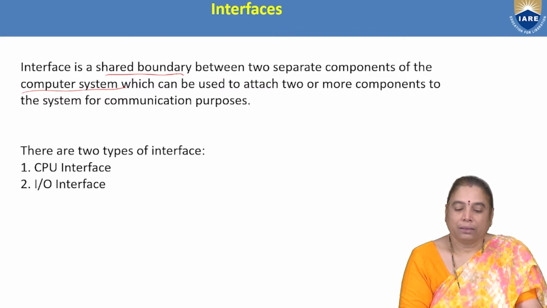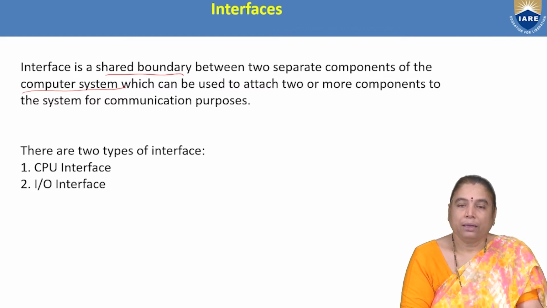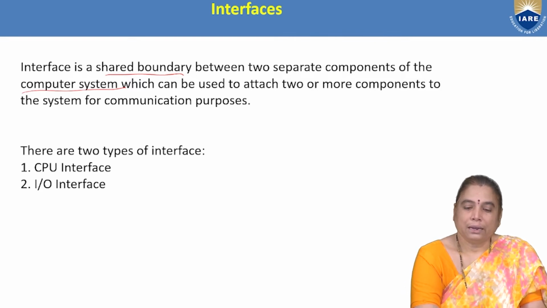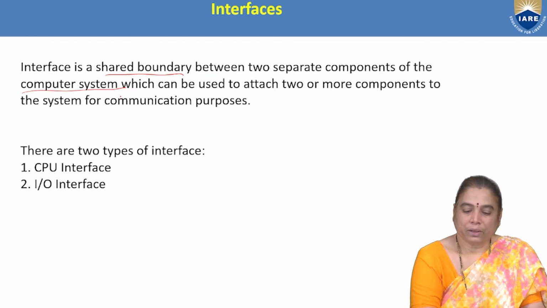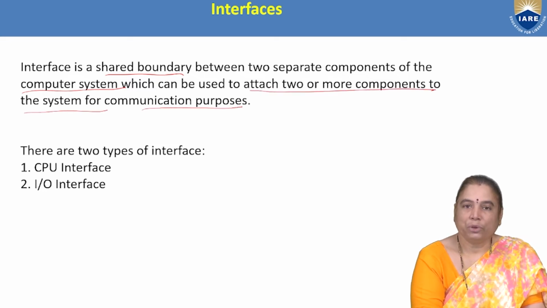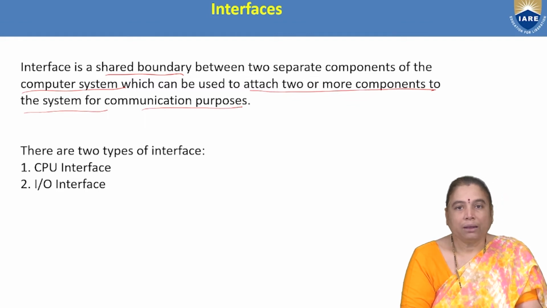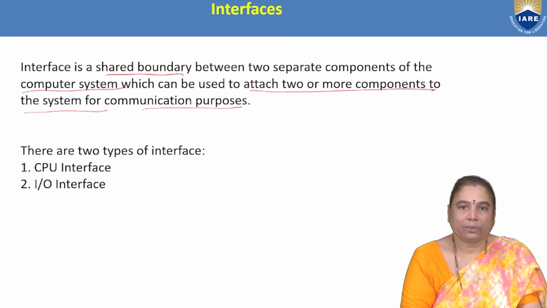So here there should be a clear boundary that can share the data or information, which can facilitate the exchange of information. So here an interface is a shared boundary between two separate components of the computer system, which can be used to attach two or more components to the system for communication purposes. A variety of input-output devices can be connected to the computer depending upon the application requirement.